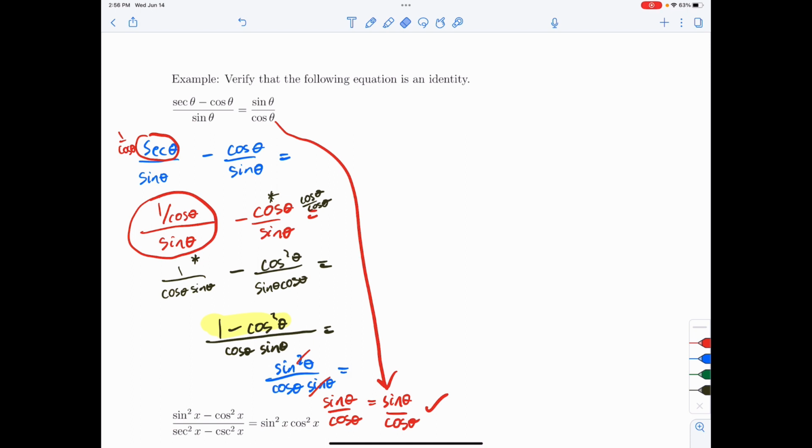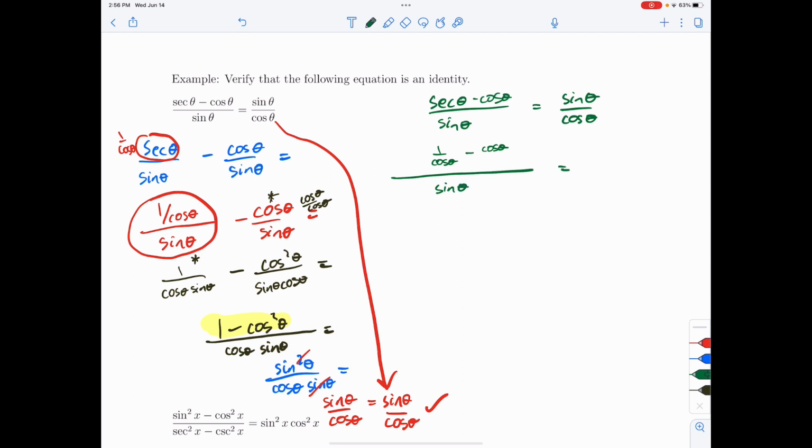Let's try it a second way here. And so what I'm going to do is with that original fraction on the left-hand side, I just write the original problem. Okay, so what I'm going to do is I'm going to actually combine the numerator into one, see if I can combine the numerator into one term. So secant theta is 1 over cosine theta minus cosine theta, and that's all over sine theta.